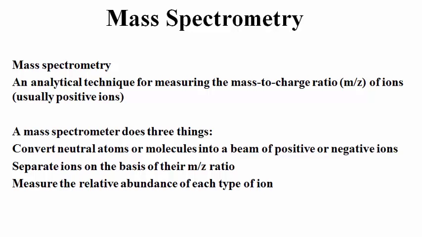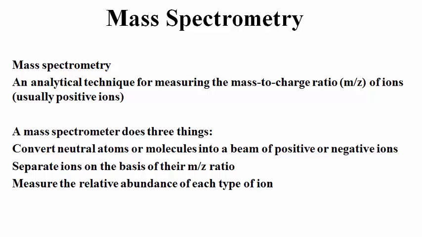Now, the instrument itself, the mass spectrometer, is designed to do three things. Number one, convert neutral atoms or molecules into a beam of positive or negative ions, usually positive. It separates the ions on the basis of their mass to charge ratio, and it measures the relative abundance of each type of ion.